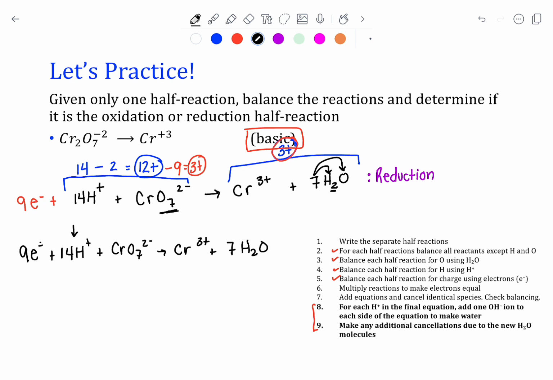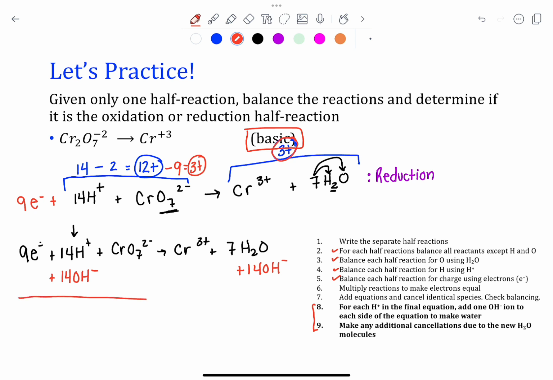Again, we know that because of the H+. Now if we have it for basic solution, for each hydrogen ion in the final equation, add 1 OH- ion to both sides. So I have 14 hydrogen ions on my reactant side, so I then need to add 14 OH- to both sides.